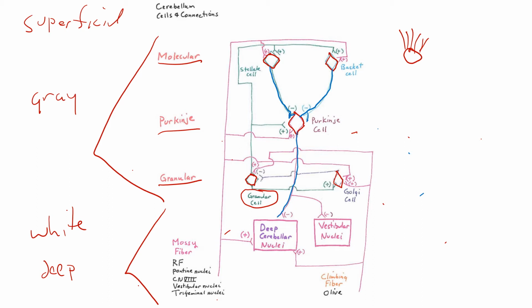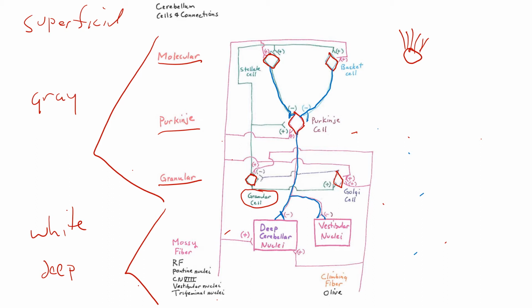Purkinje cells are going to be inhibitory neurons on, first of all, the deep cerebellar nuclei. And you'll remember that the deep cerebellar nuclei were found in the white matter of the cerebellum. They are also going to be inhibitory on the vestibular nuclei.